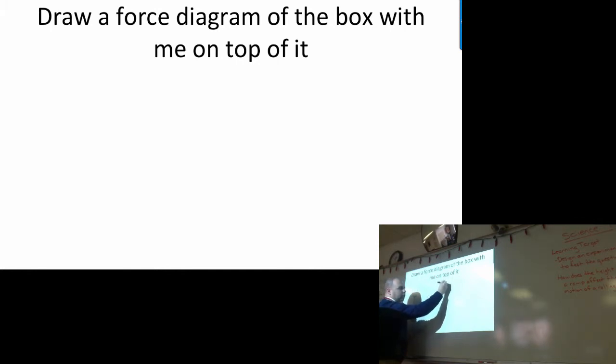So I have my normal force, once again acting on the box by the ground. And what forces are going down, or in the opposite direction? We've got my weight on the box by me, and we also have the force of gravity on the box by me.